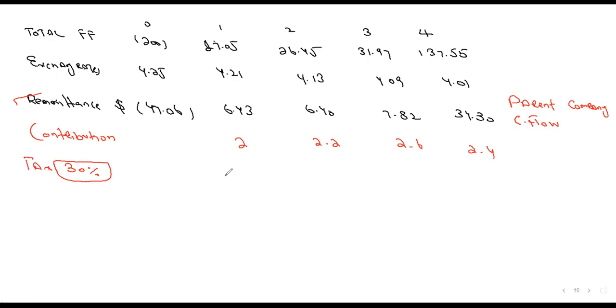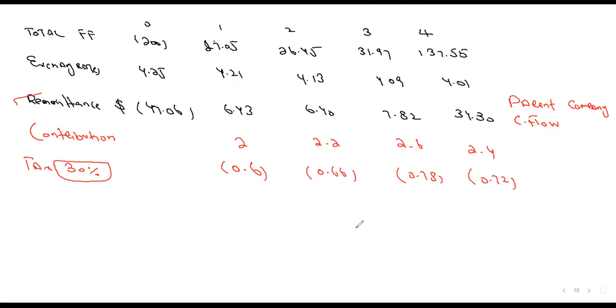Apply the tax: 0.6, 0.66, then 0.78, then 0.72.